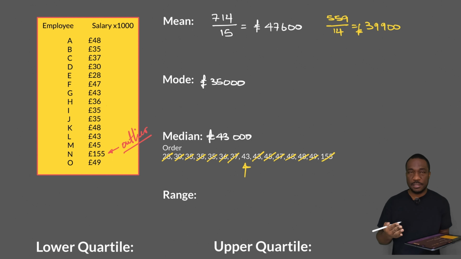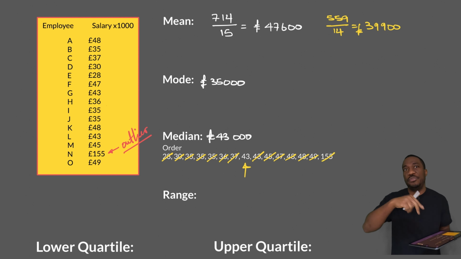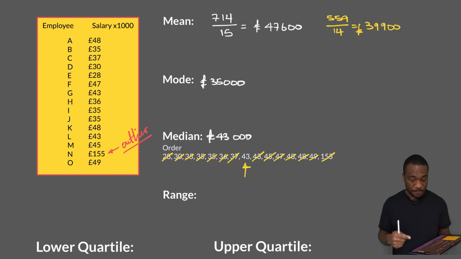It is in the middle and it's showing that this is what the data is actually telling me for this set of data. Now, I'm going to say that the median is not affected by extreme values. It's not affected by the numbers on the ends that are too small or too big.